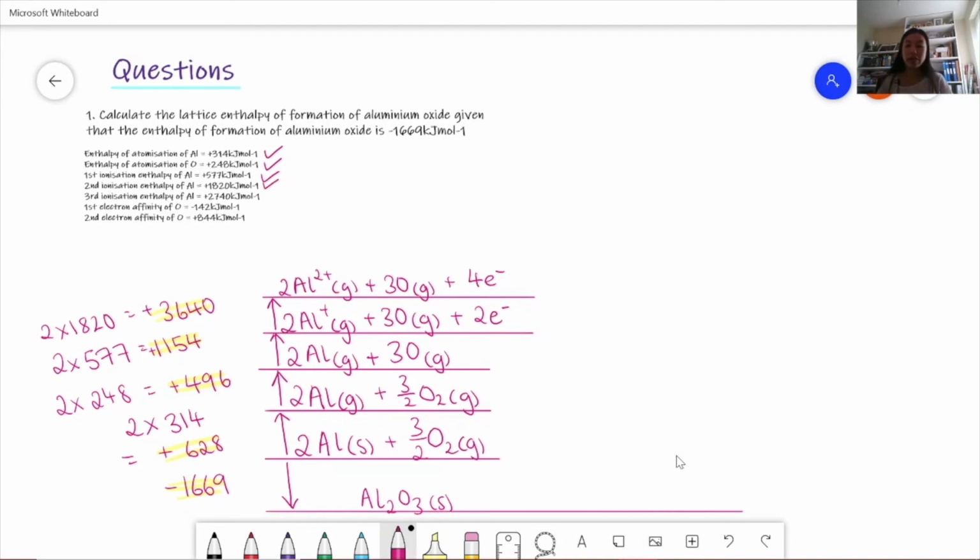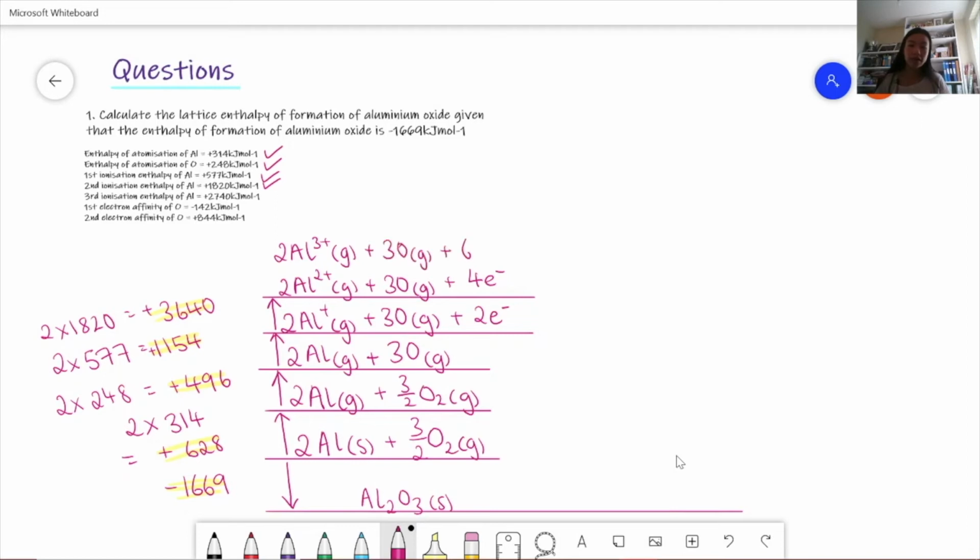And then again, we do the same thing with the third ionization energy. So we're forming 1 mole of Al 3 plus ions from 1 mole of Al 2 plus ions. And then we leave the oxygen unchanged.